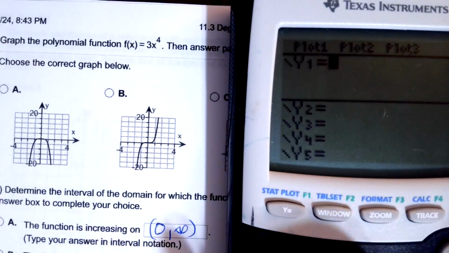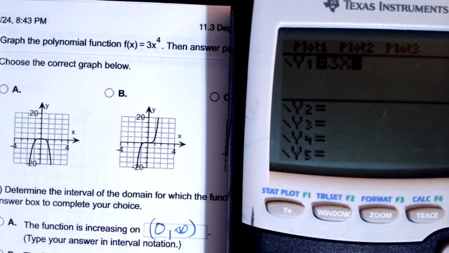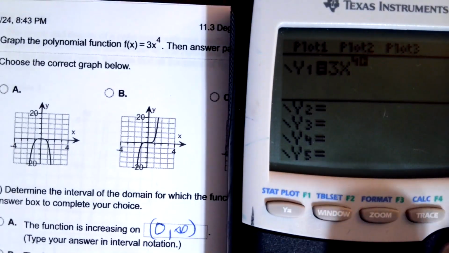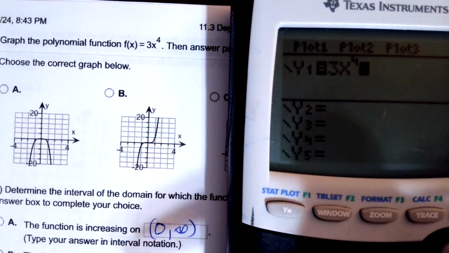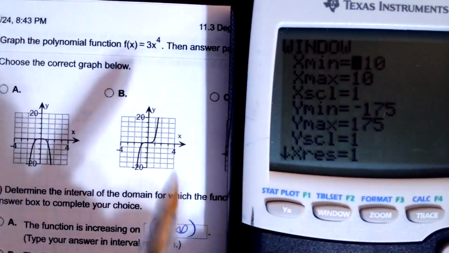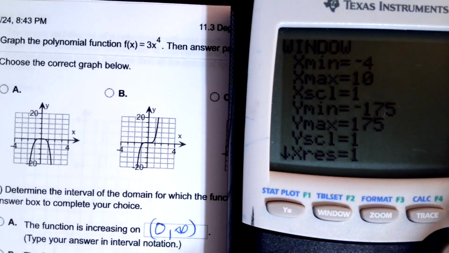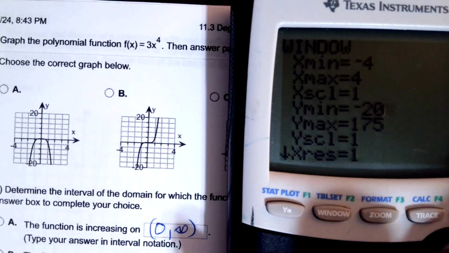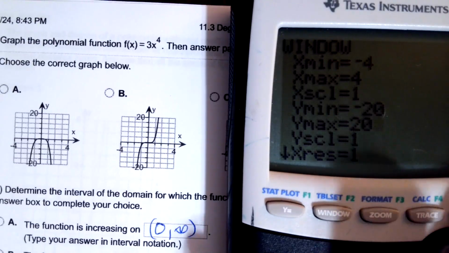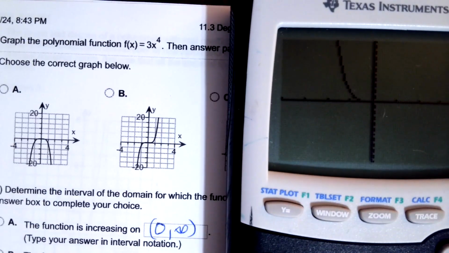Question 4 is the next one we're going to do, and it's y equals 3x to the fourth. And then I want to set my window. My window looks like the x minimum is negative 4, and the x maximum is 4, and the y minimum is negative 20, and the y maximum is 20. And so I'm going to graph it, and we're going to see which picture we like.